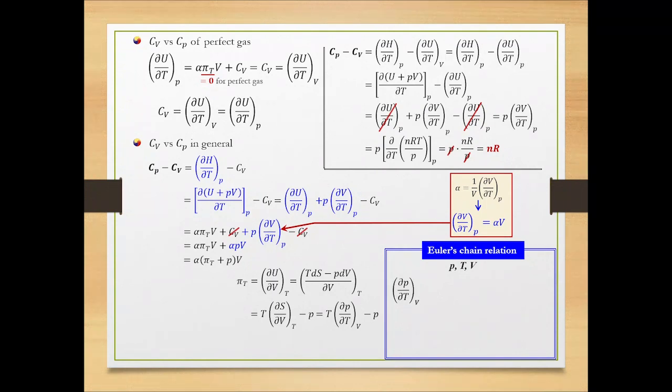Let's begin with the first partial derivative of P with respect to T at constant V. The next two partial derivatives after the first one should be constructed in this order. You may select any three variables and construct the Euler's chain relation. The product of the three derivatives is equal to -1.